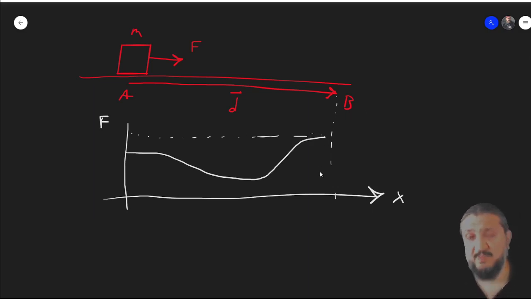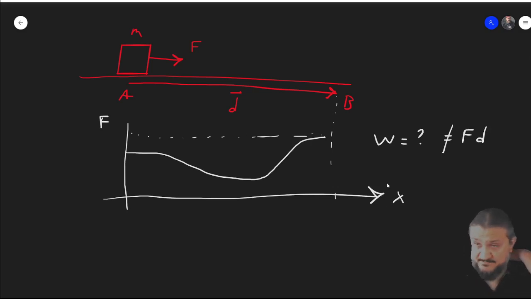Okay, it could be anything, right? So what is work? Is it equal to F times D? It's not. How do we know it's not? Well, if it were, what is FD? This is D. This is x equals D here. This is x equals 0, your origin.